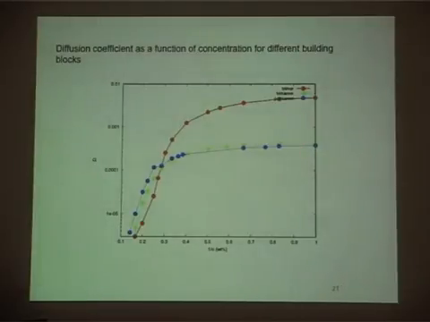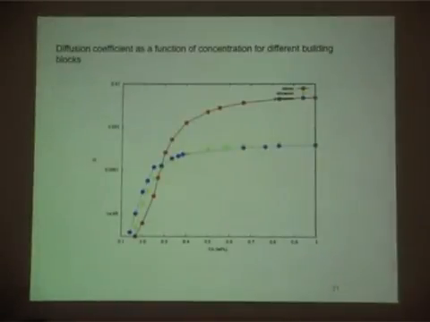But at low concentrations, there's a crossover, and you see that now the pentamer is the fastest. This is beyond the gel forming point, so you still have a non-zero diffusion coefficient, which is small, about the order of 10 to the power minus 5.